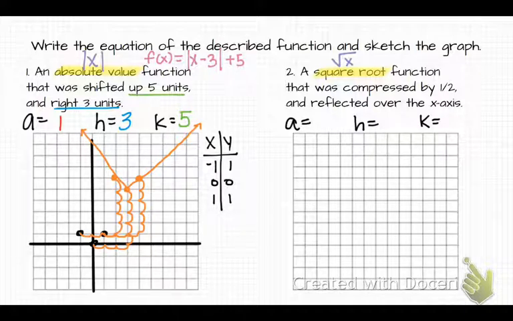A is 1/2, is that it? Oh, why is it negative? Good, compressed by 1/2 and reflected. How much did I move left or right? 0. I didn't move left and right at all, so that H value is going to be 0. K as well, because I didn't move up or down. So to write this as an equation, I have f of x equals what?